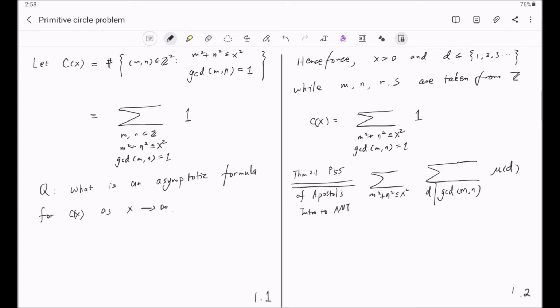And whenever we see a double sum, we always have an urge to switch those two sums using Fubini's idea.